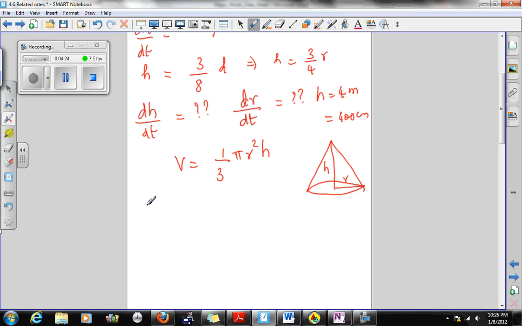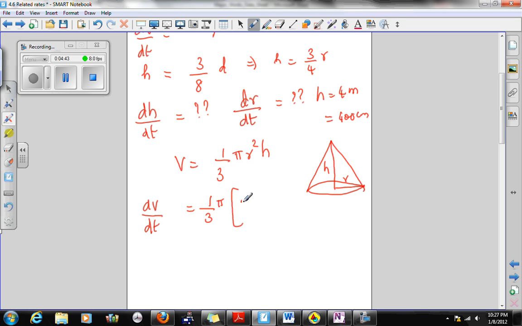Then let's talk about the rate at which each of these are changing. What is the derivative? So implicitly differentiating the entire equation. So dV by dt, since 1/3 pi is a constant, let's take out the scalar and differentiate r squared h using the product rule.